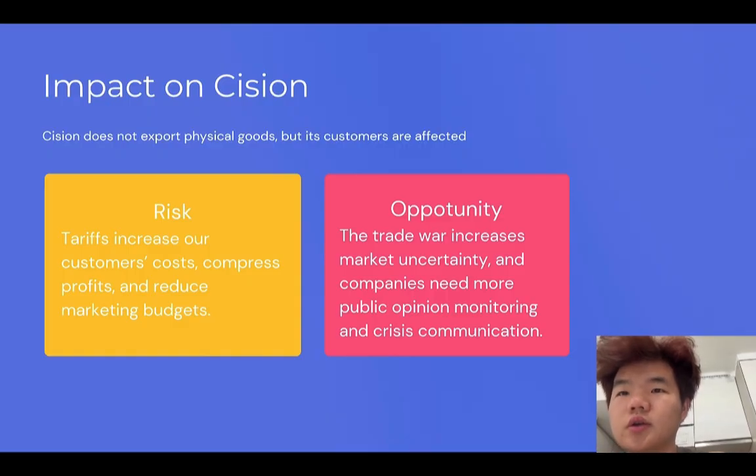On the other hand, market competition is intensified, and companies need to maintain their competitive advantage through brand communications and public relations strategies. Serious companies launch new products to help business cope with tariff risks and achieve their strategy goals.